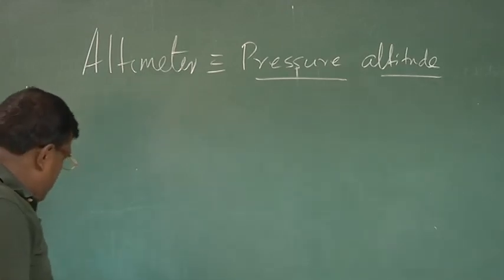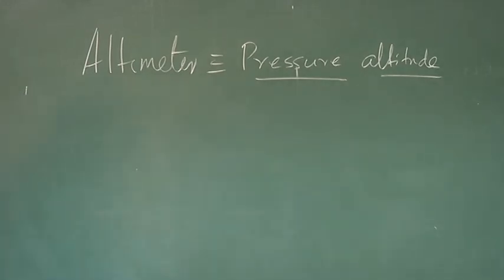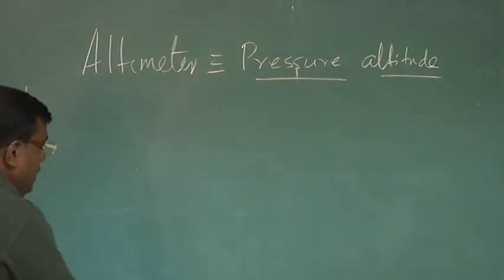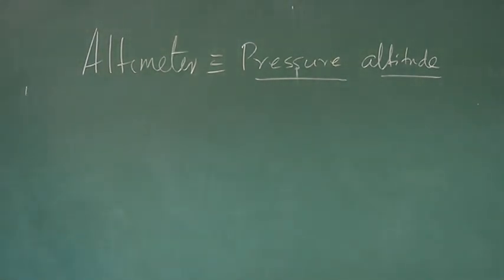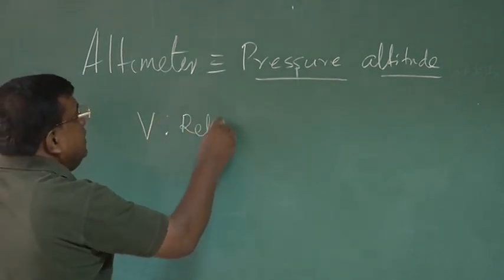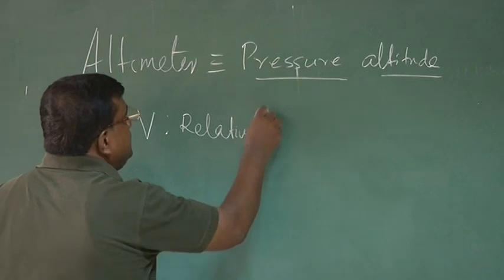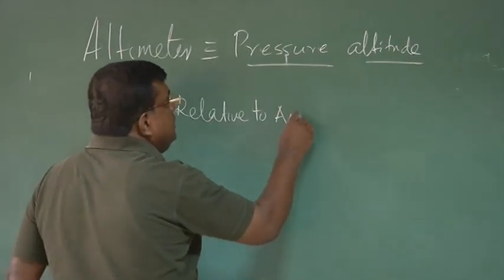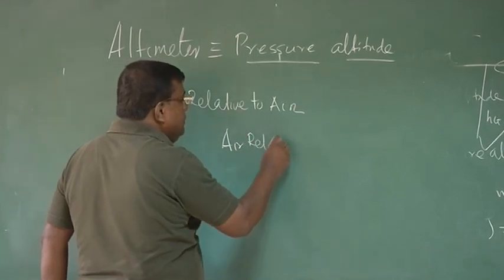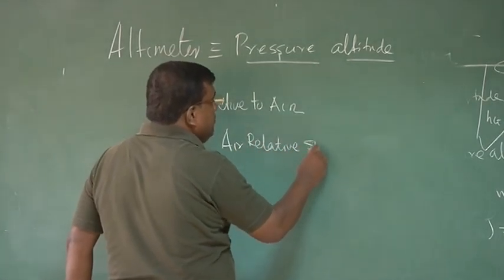We have another important parameter, a variable we should know before we interact with the atmosphere, and that is the speed or velocity which is relative to air, right? Air relative speed of the airplane.